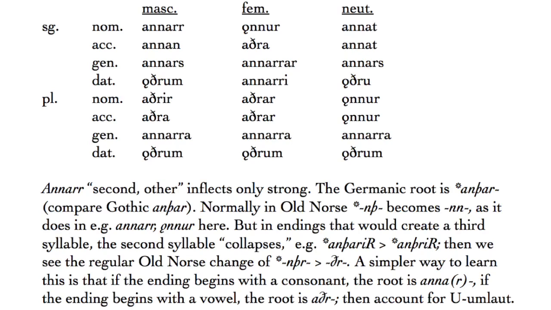But if you think of the root as sort of two different things, if it is followed by another consonant, annarr with two R's, annarrar, annarri, then the root form is annar. If it's followed by another vowel, then the root form is aðr. That's why you get aðrir, aðrar, öðrum with u-umlaut. That may help make that look a little bit clearer and more understandable.